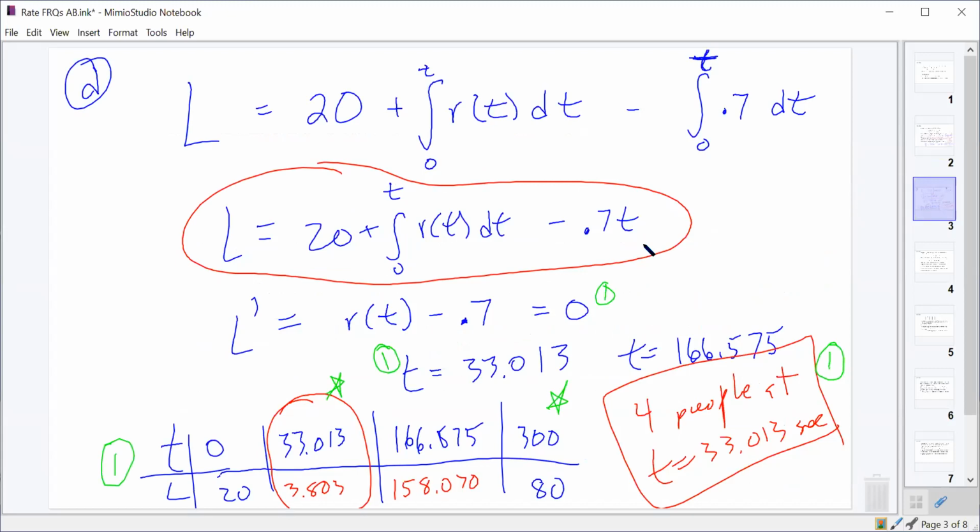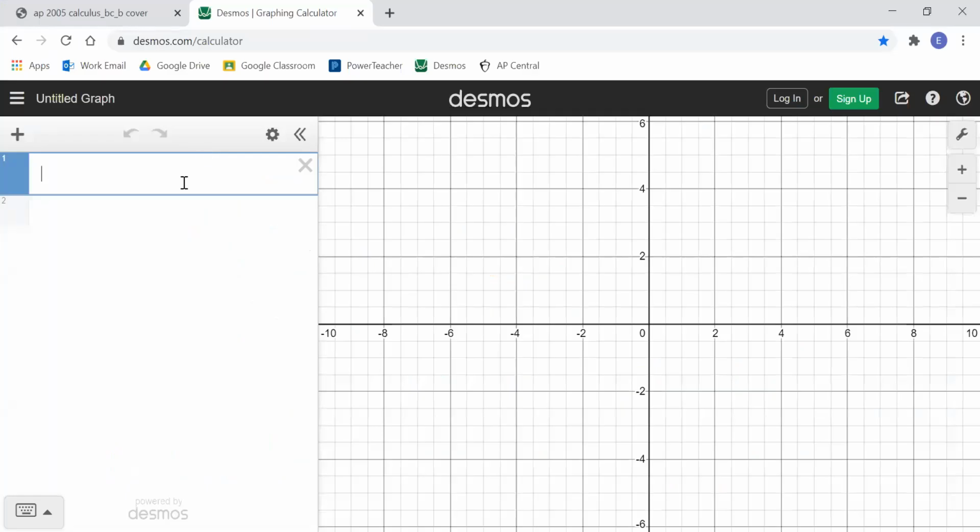Yeah, so it may come out looking like a horizontal line. That's weird. All right. What is our r of t function again? Anybody got it for me here?